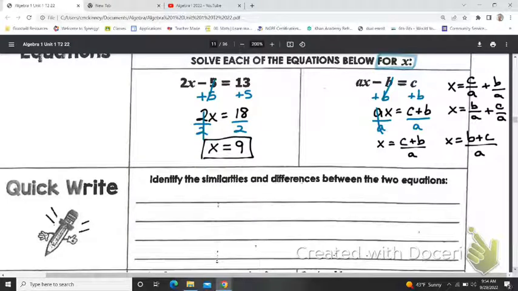Please know you are not required to give me all of those, but I do want to acknowledge and point out that there are multiple ways that all mean the same thing. It would not mean the same thing if I put B over A plus C and C not in a fraction. So it doesn't mean that just any old way, if I put the B on the bottom instead of the C on the bottom.